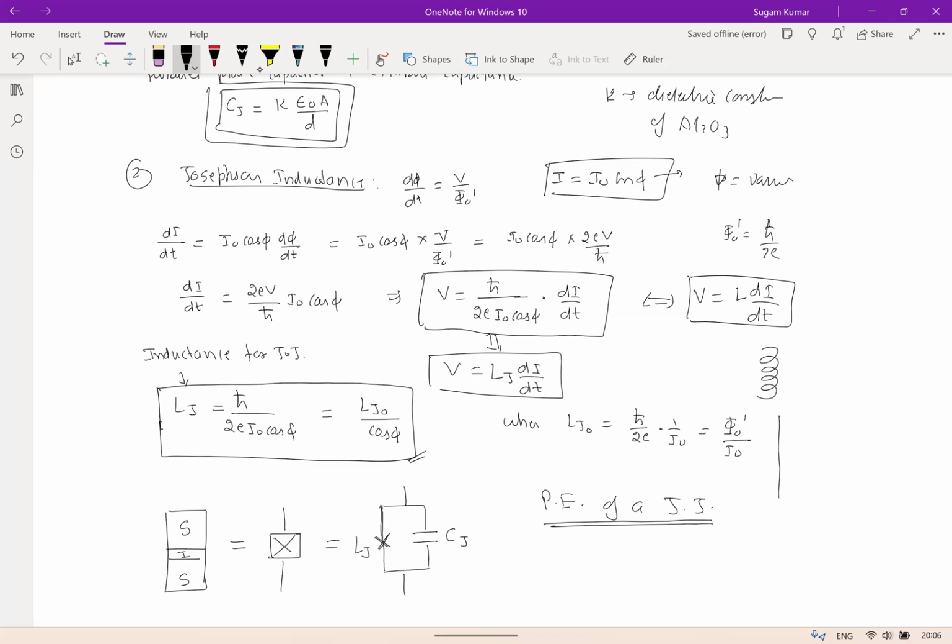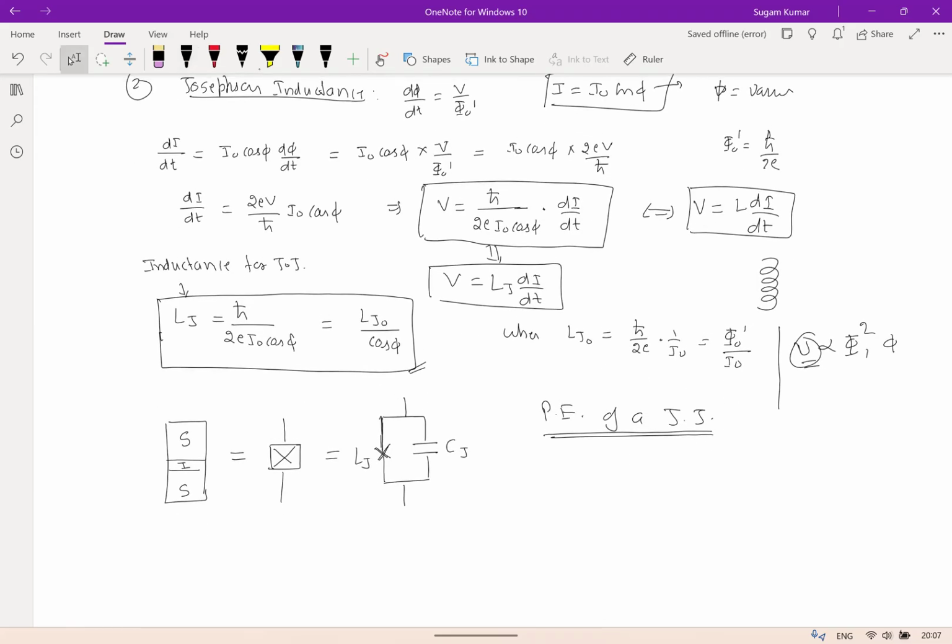So you already have this U proportional to phi square. And if I add something like a non-linear function, then the potential energy becomes anharmonic. So I need to calculate the potential energy.